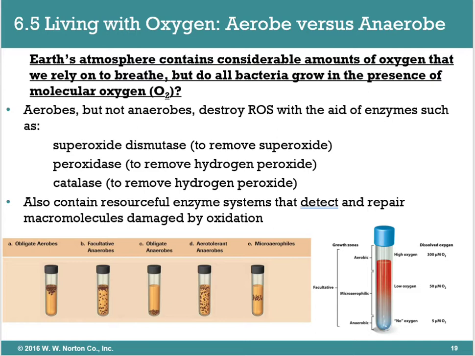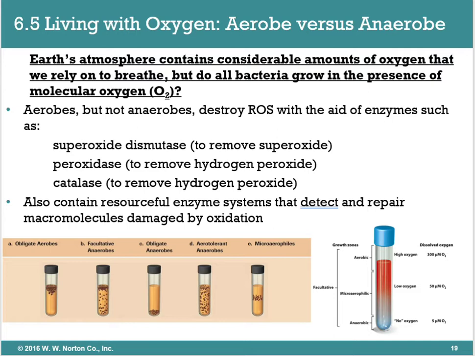Aerobes, where they prefer oxygen, they destroy something that's called ROS, and they aid that with enzymes. So they'll use specific enzymes such as superoxide dismutase, peroxidase, or catalase.